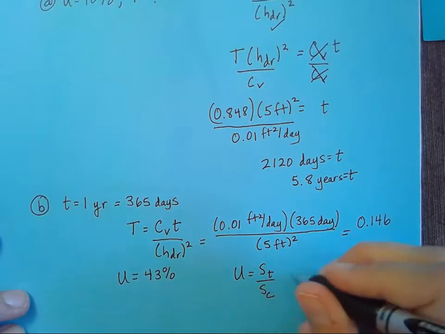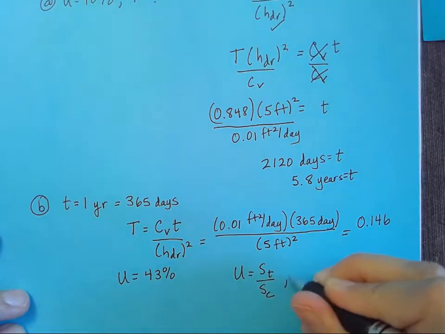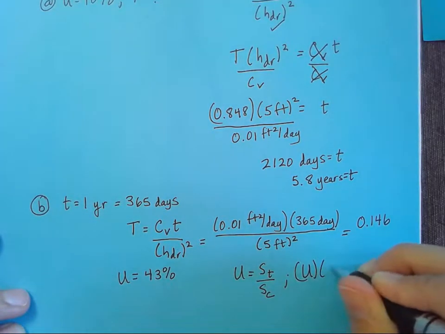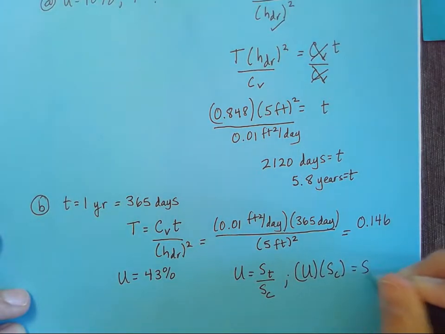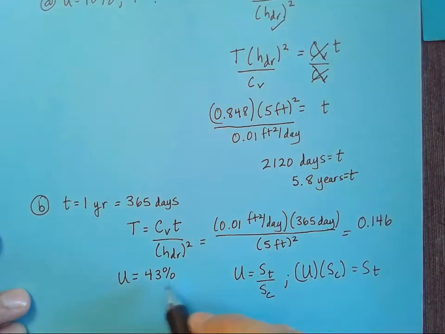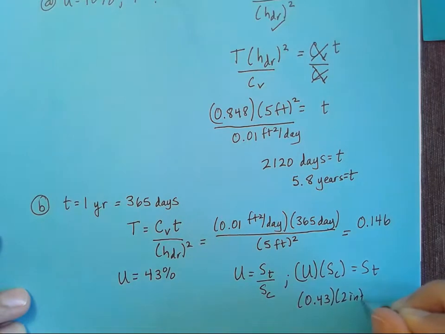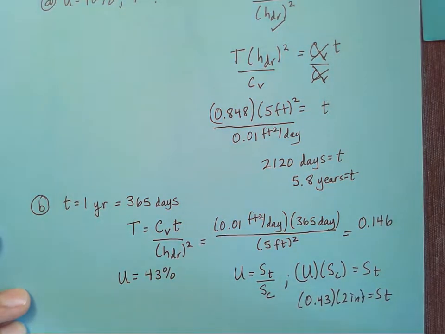So I'm going to go ahead and solve for this St. If I multiply both sides by Sc, I get U times Sc equals St. I just found that U is 43%. I'm going to put that in as a decimal, 0.43 times my 2 inches. And that's going to be my settlement over time, which in this case is 1 year.